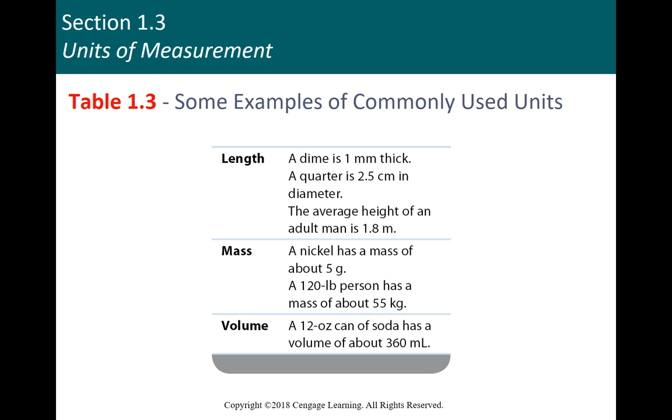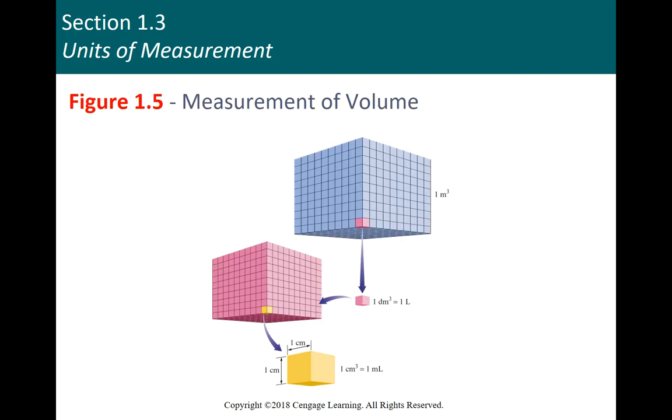Now, you do have to be careful with volume because volume is what you call a derived unit, and volume means basically length times width times height. And so if we were to look at this cube, each of these cubes is 1 centimeter on a side. So the volume of the cube is 1 cubic centimeter or 1 milliliter.